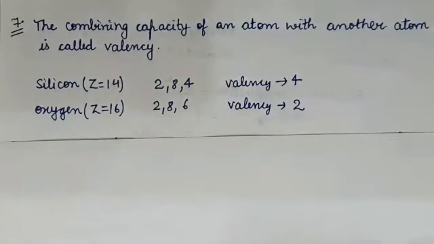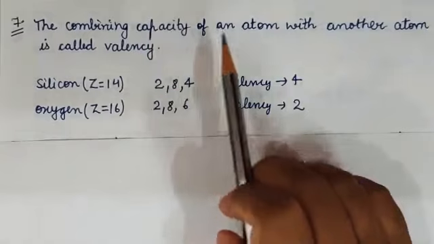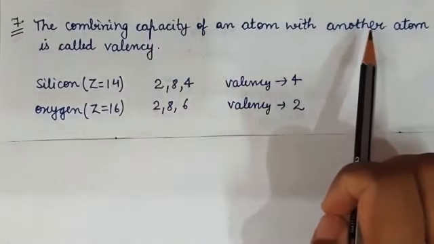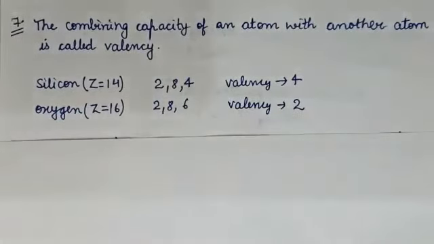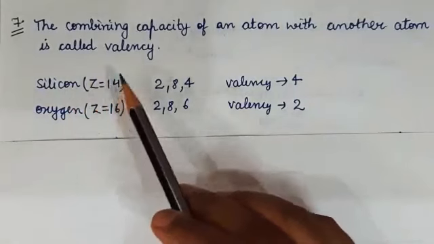Question number 7 is, define valency by taking the examples of silicon and oxygen. So what is valency? Valency is the combining capacity of an atom with another atom. That is valency. So you have to find out the valency of silicon and oxygen. For silicon, atomic number is 14.